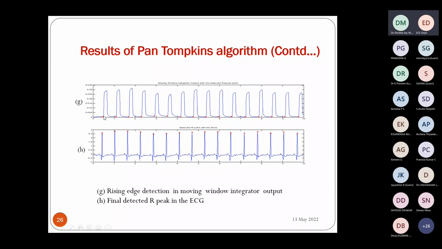We can write in the program some heuristics: if the value is less than 0.003 or 0.005 and the present value is low and the next value is higher, that point we have to mark.